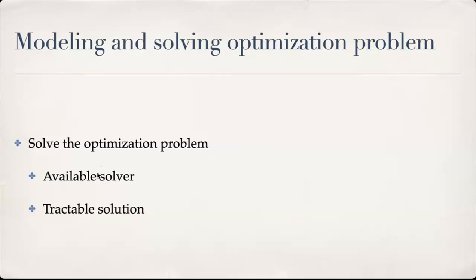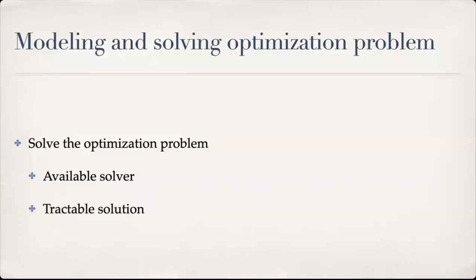Okay. And the next thing you have to consider is tractable solution. What is tractable solution? For example, you need a solution in 1 hour, because you have to adjust the operating parameter every hour. That means you have to formulate and solve the problem within 1 hour, right?